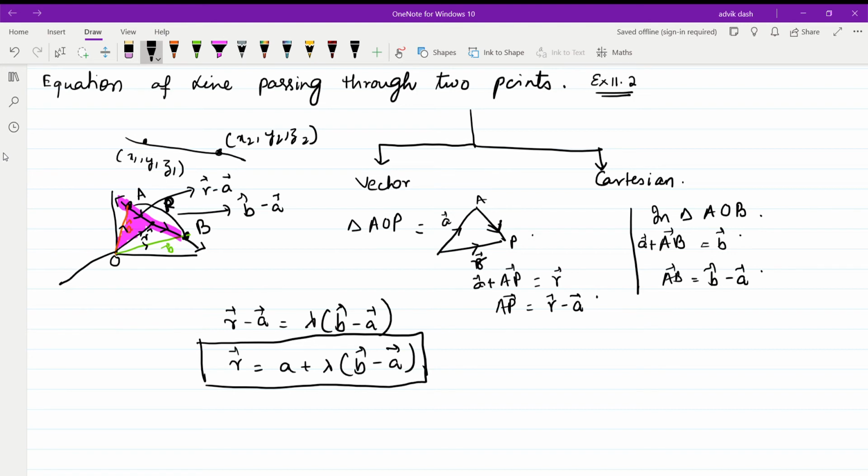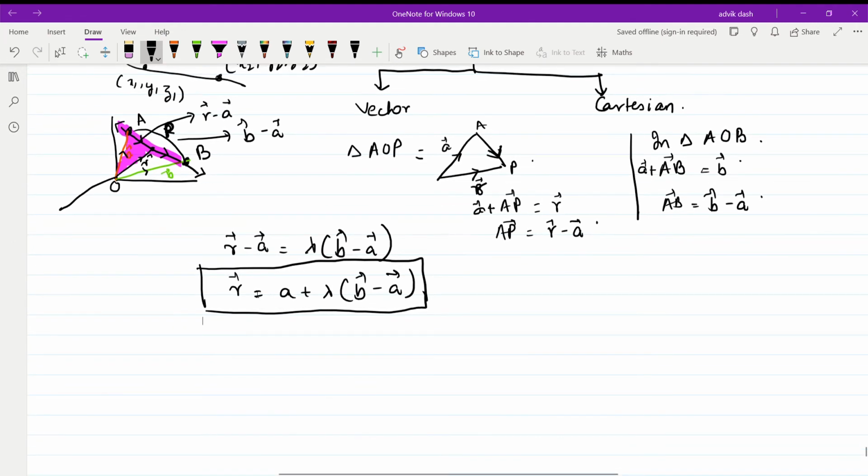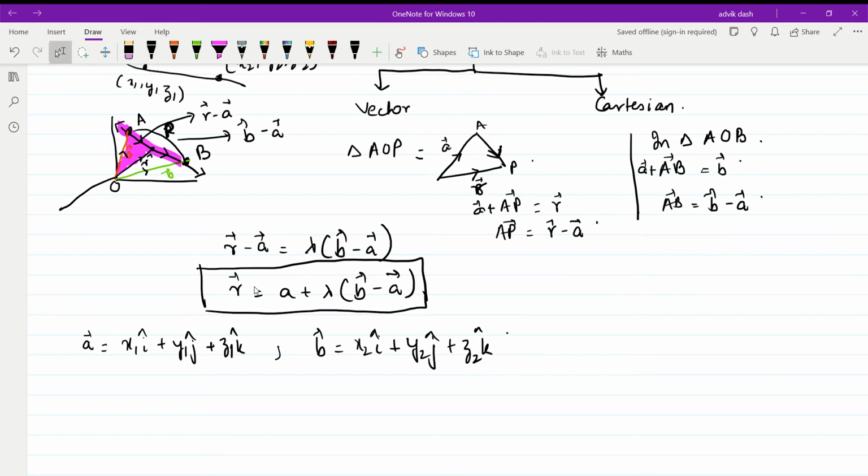Now from here we will try to go to the Cartesian form. A vector is given to you, that is one point, x1i plus y1j plus z1k. And B vector is also given as x2i plus y2j plus z2k. I put it in this general form, and R vector, as we know, is a general vector, so it will be xi plus yj plus zk.